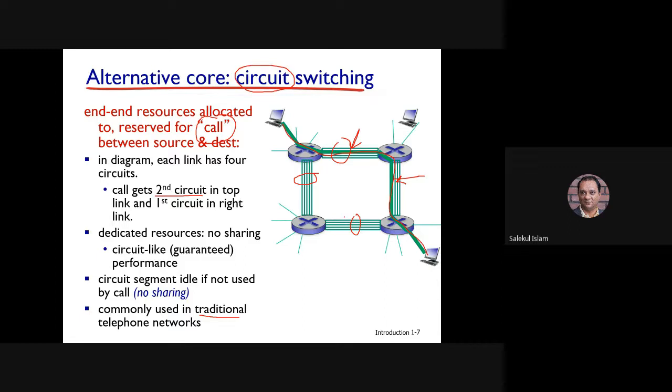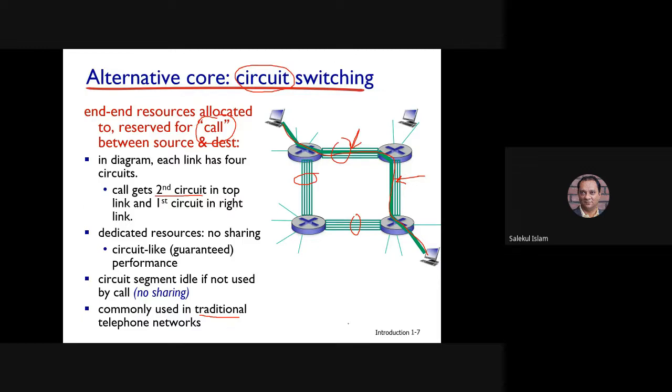That means all circuits are busy, that's why it cannot establish your call. So this is the limitation of circuit switching, that although the users are ready, they cannot transmit data due to the limited number of circuits.